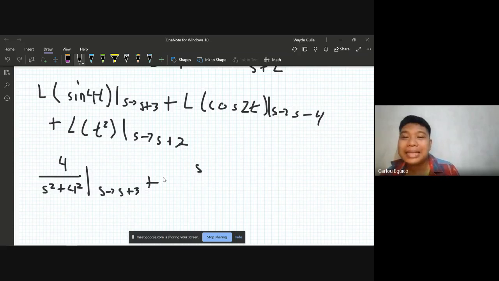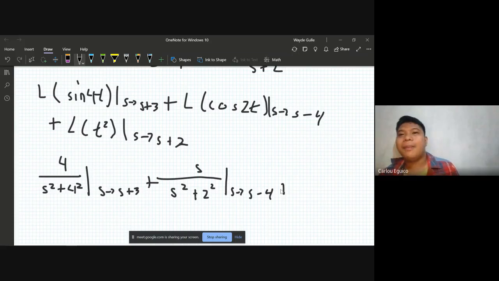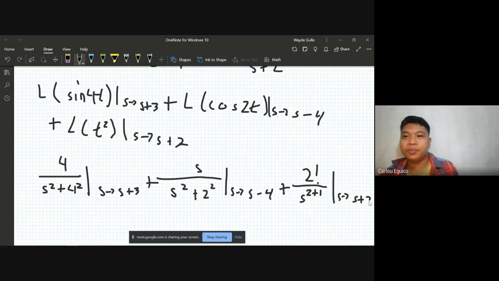It will become s over s squared plus 2 squared, parallel s minus 4, plus the Laplace transform of t squared. The Laplace transform of t squared is 2 factorial over s raised to 2 plus 1, and then parallel s plus 2.